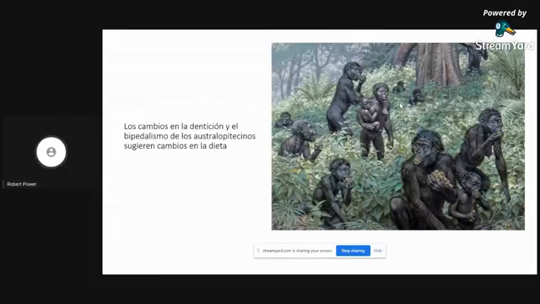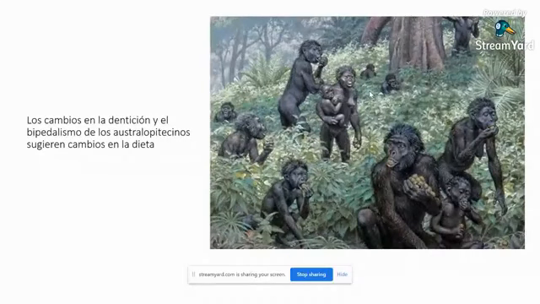But there's also this slow incremental change in dentition, with a very significant reduction in dentition occurring at various points. And it's very clear that this change is linked to an increasingly energy-dense diet that required less processing costs from the point of digestion.